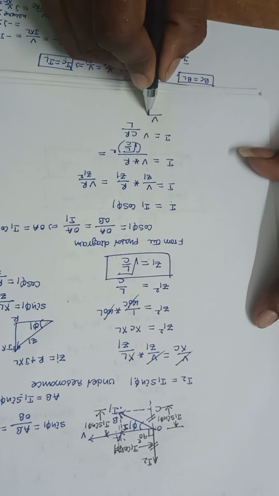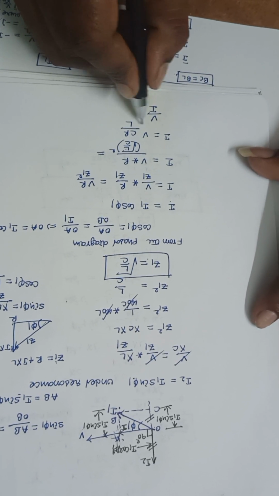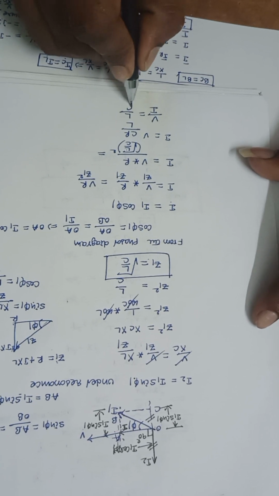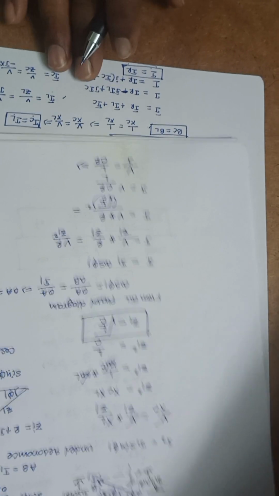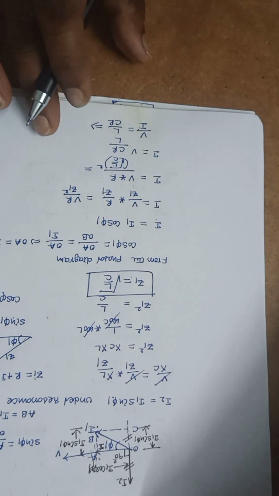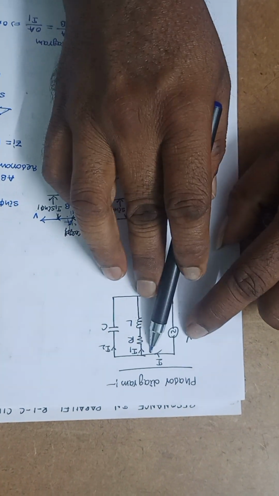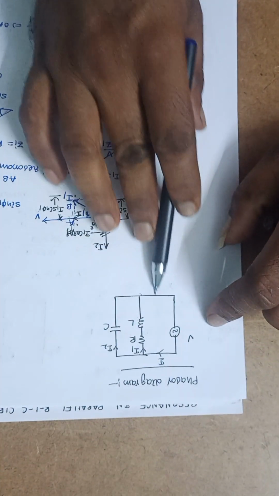Now if I write the V by I ratio, bringing this term to the right side in the denominator and that term to the left side, it will become L by CR. And we know that V by I is the applied voltage to supply current, so this indicates the total impedance offered by this circuit.